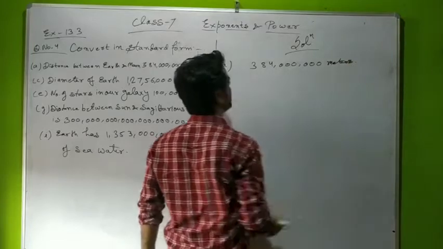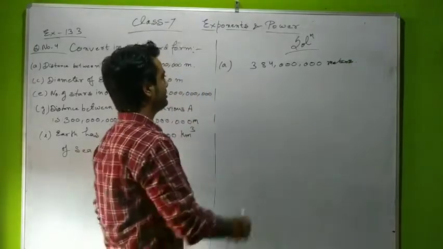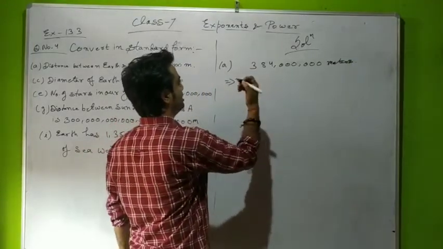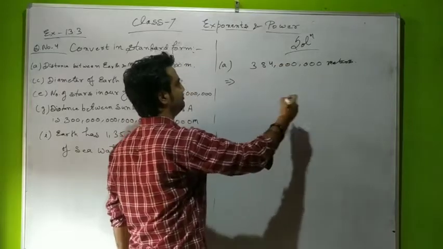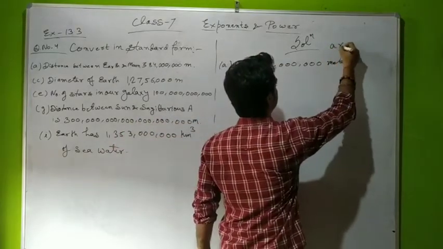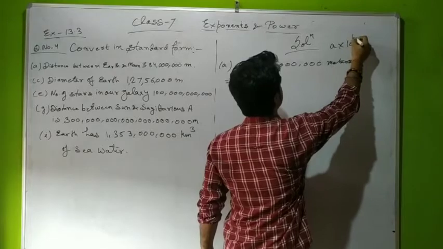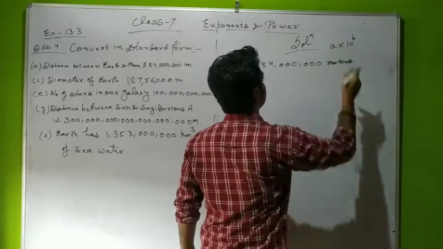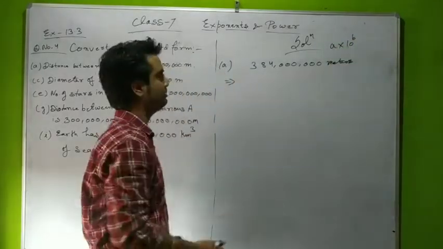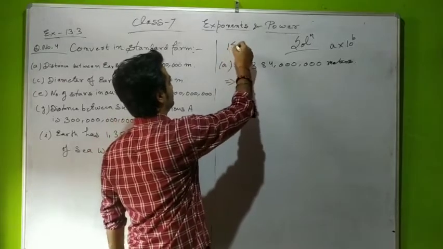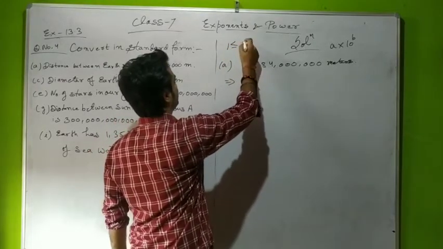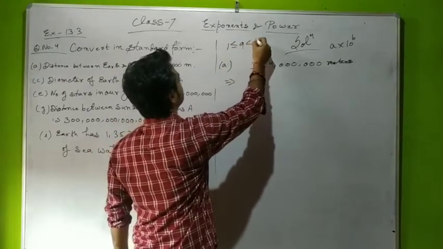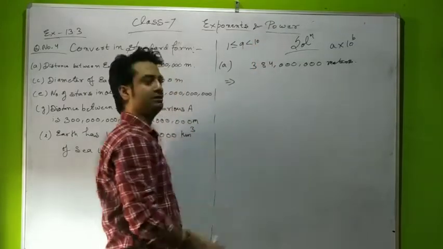standard form. As you know, we have to make it in the form a into 10 raised to the power b, where a should be between 1 and 10, and b should be an integer.